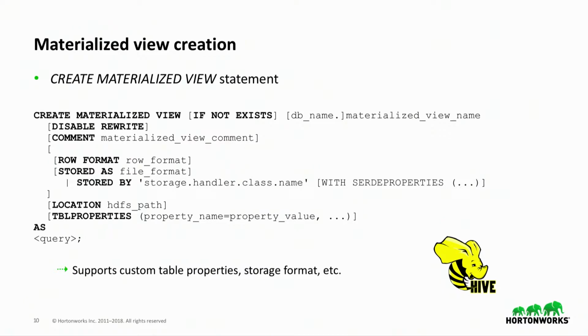So for instance, when you create a view, by default it will be enabled for rewriting, but we have an option to disable that, and then you can specify, for instance, the storage handler that you want to use, some table properties, location, and so on. And the most important piece, that is the query that you want to materialize. So that's the syntax to create a materialized view with all the different options that we have right now.